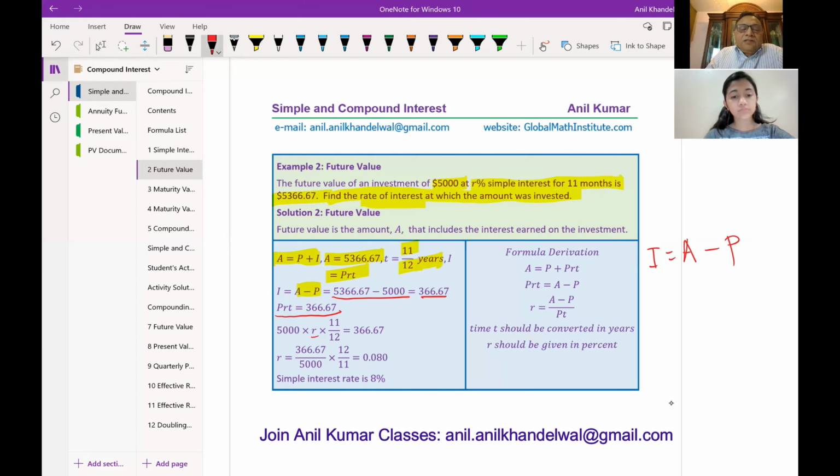So we will actually derive the formula, okay? That is what we'll do. It says consider $P is deposited at R% interest compounded annually. At the end of the first year, the amount will be P times 1 plus RT, right? You know the formula, right?